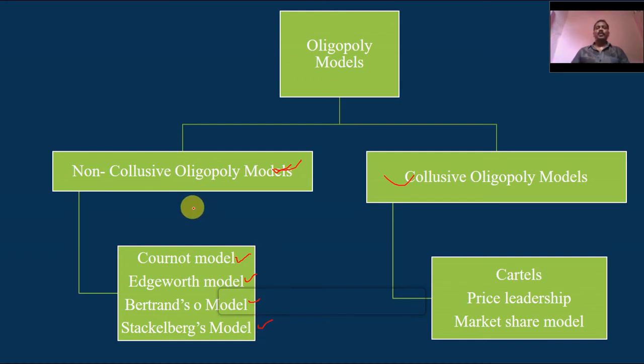In the collusive, there is group behavior: cartels and price leadership, the kinked demand curve, and the market share model. These are some important models we will learn in the oligopoly market.